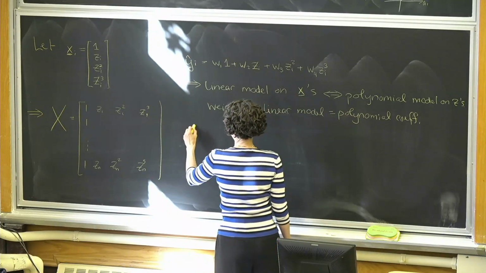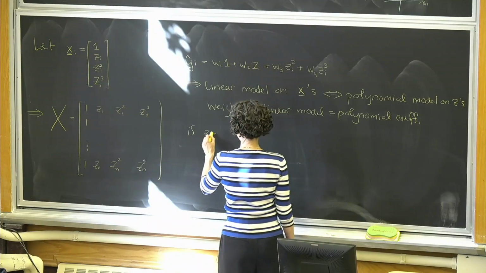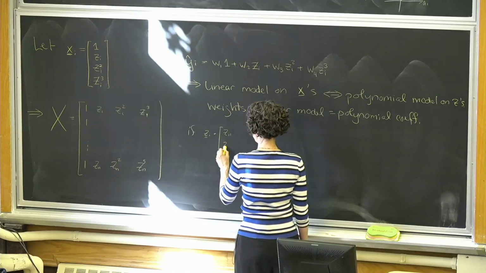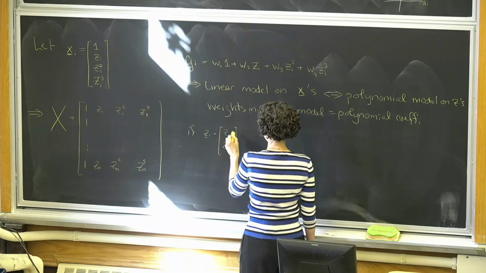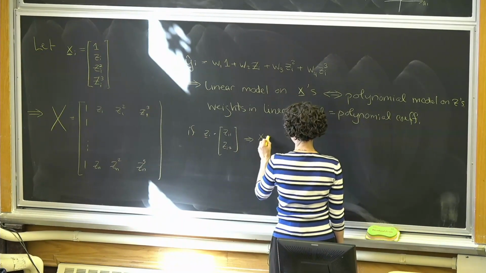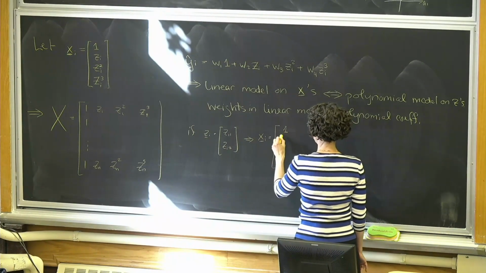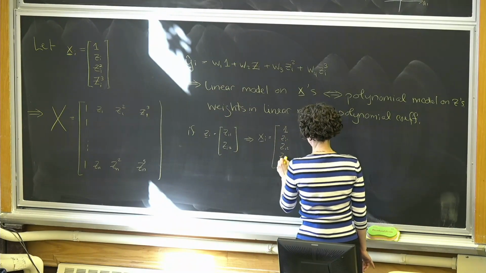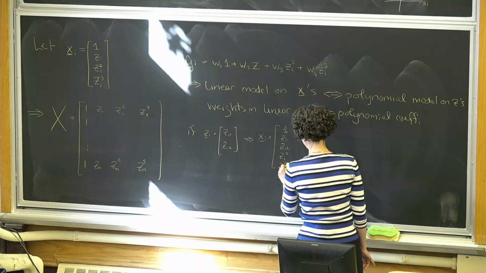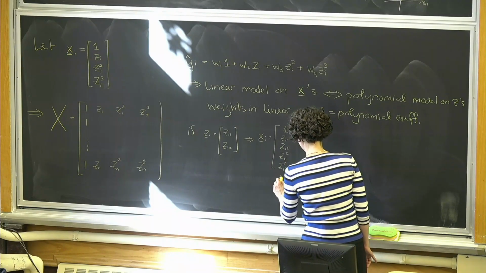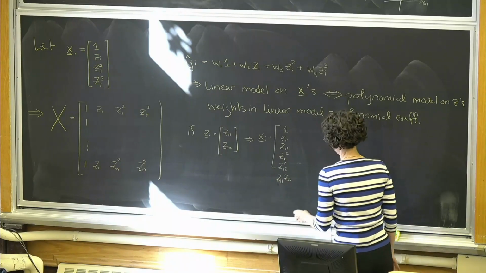If each zi is a vector that has entries zi1 and zi2, then I can still play a very similar trick where I form a feature vector xi that is 1, zi1, zi2, zi1 squared, zi2 squared, and so on.